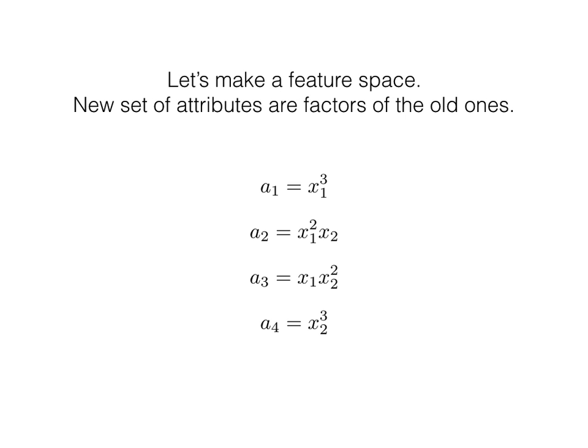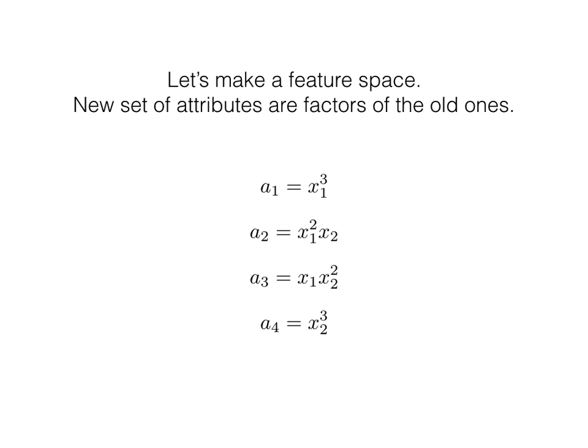In our feature space, the first dimension we derive by cubing x1 and then multiplying by x2 to the 0, which is just 1. The second attribute, a2, in our feature space is x1 squared times x2.